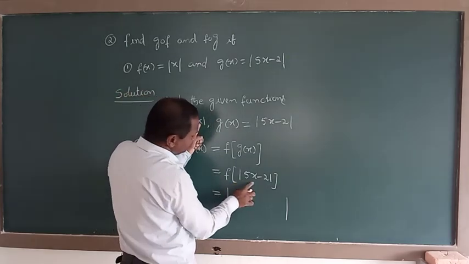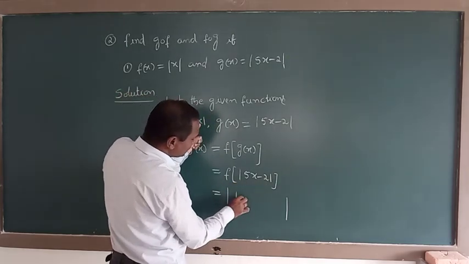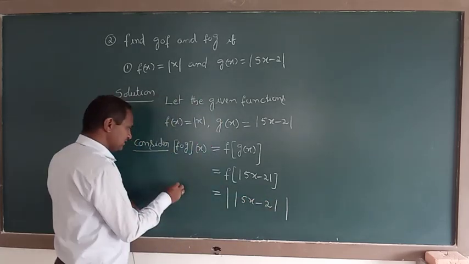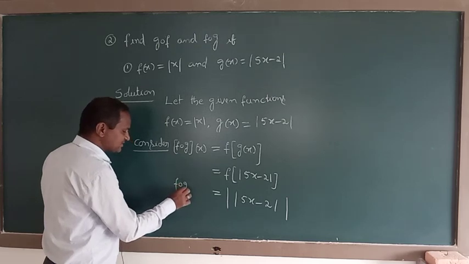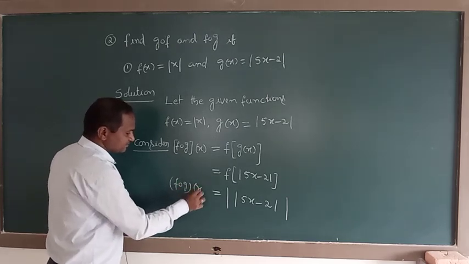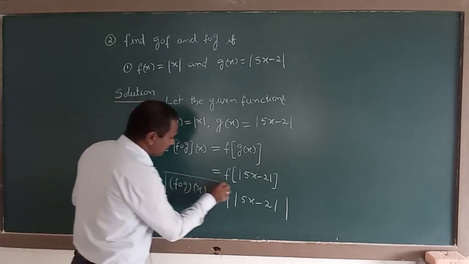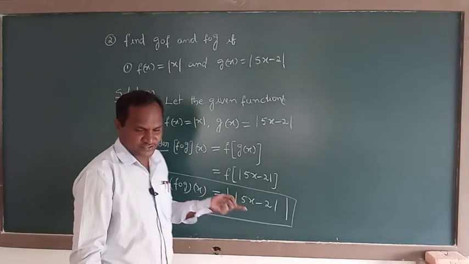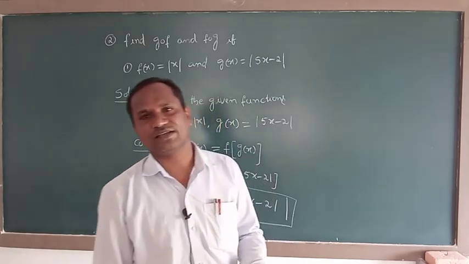But instead of x we have modulus of 5x minus 2 here. It is f circle g of x. Like that here we defined f circle g of x, and before that I told g circle f of x also.